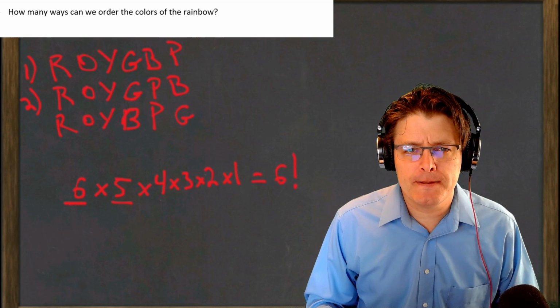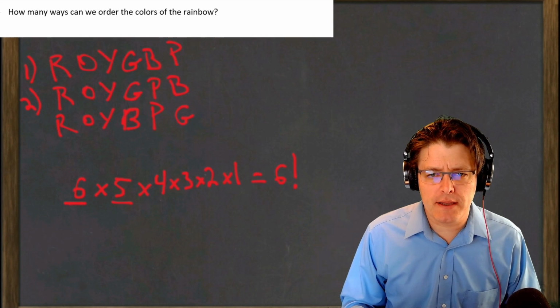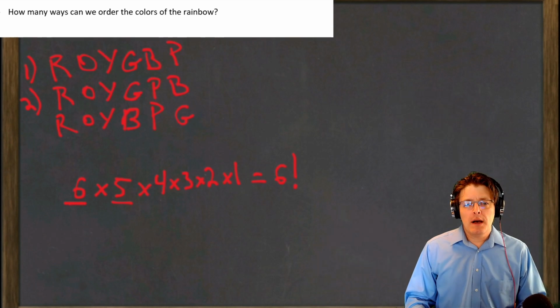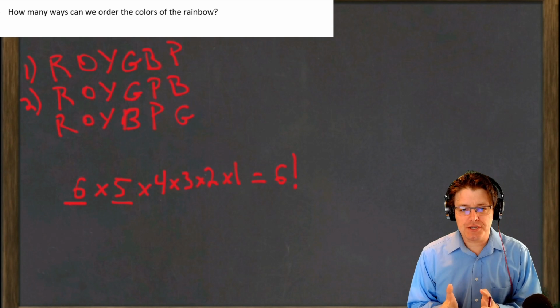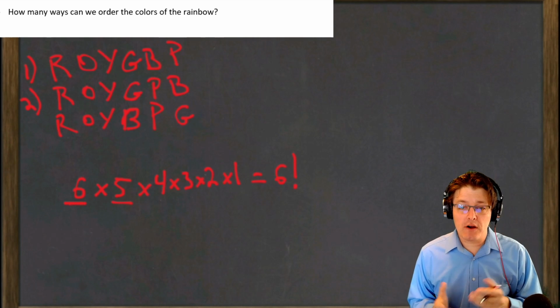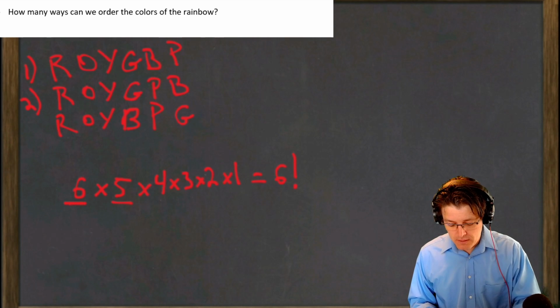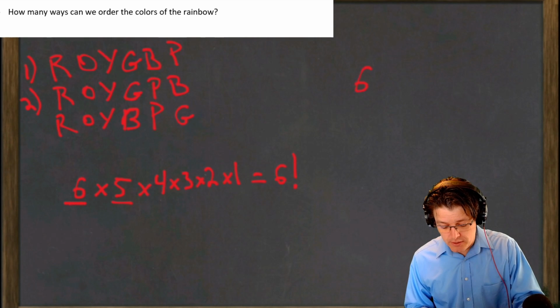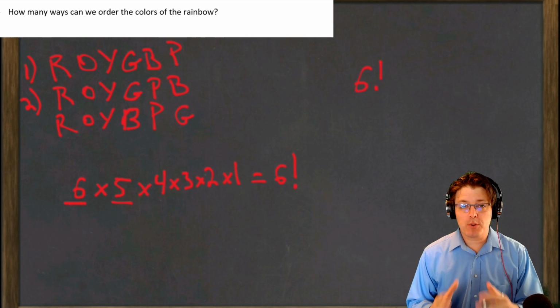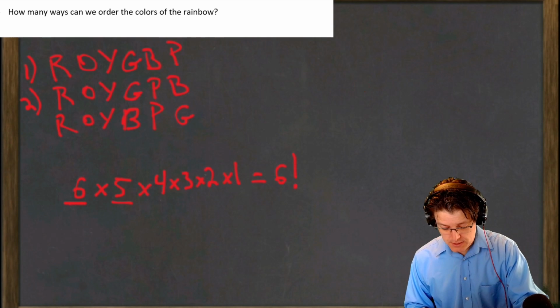That's the start of our permutations, and it will be the start of our combinations formula. In this case, it's our answer, so 6 factorial.